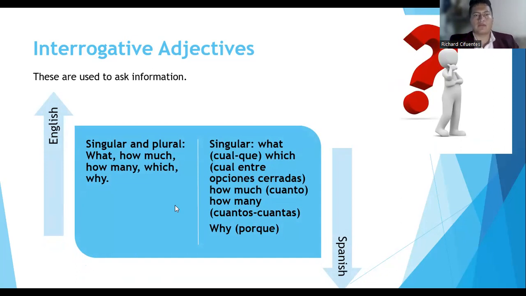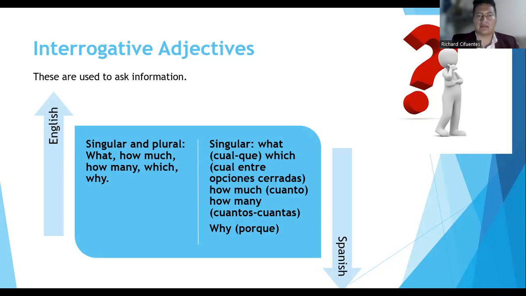For example, in English which. Okay, in Spanish it will mean cuántos, cuántas. It differs by the number. Or for example, I have in English how much, which is equal to cuánto, okay? And how many, cuántos.